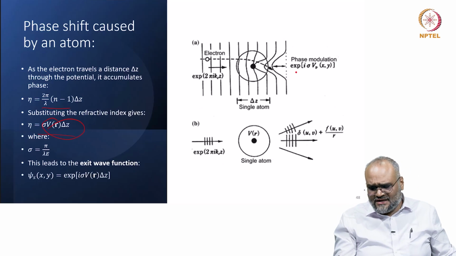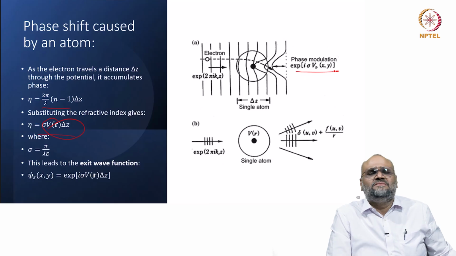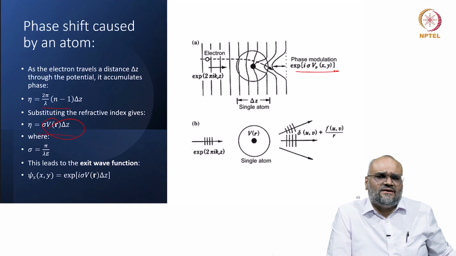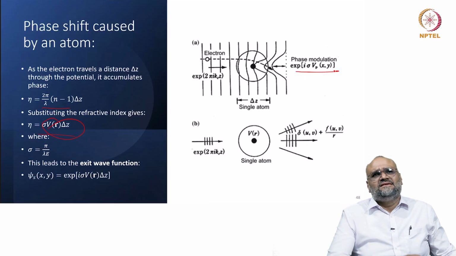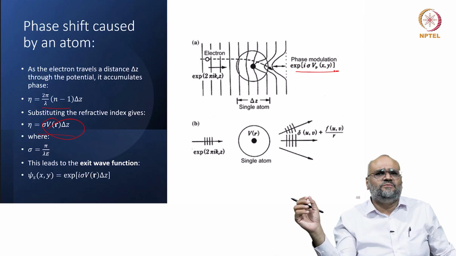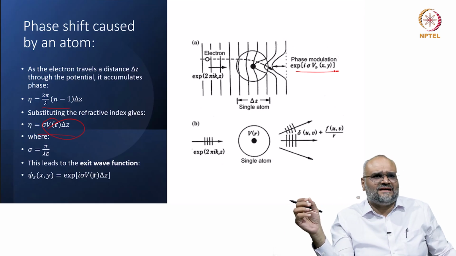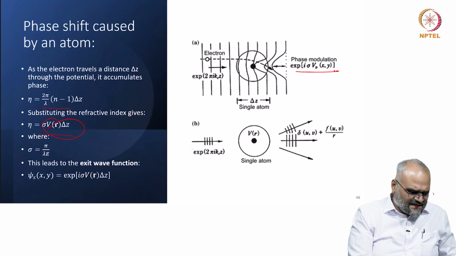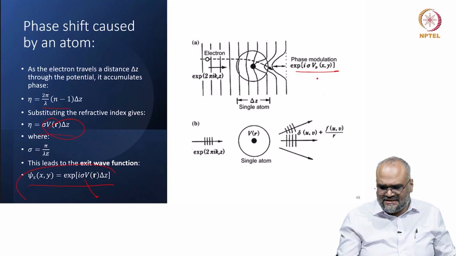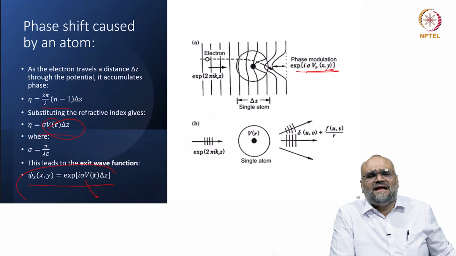So, the phase modulation by an isolated atom to the charged electron is what causes the deviation of the electron beams, and from an isolated atom the phase shift is written in terms of the projected potential of an atom.